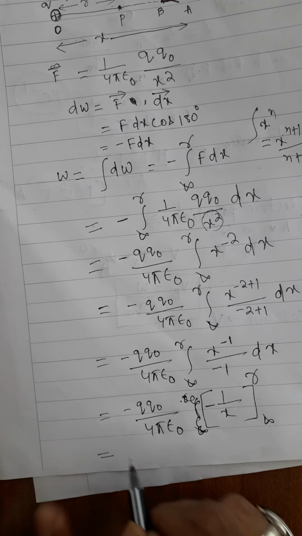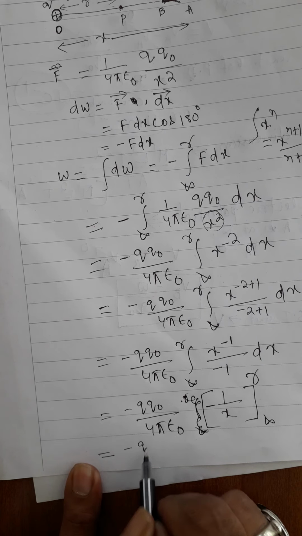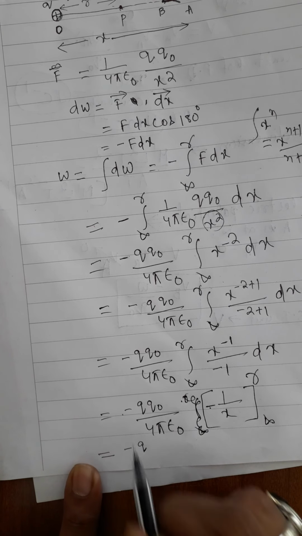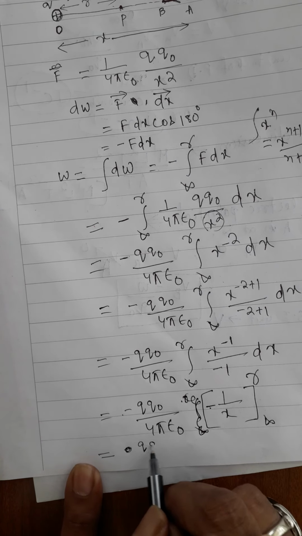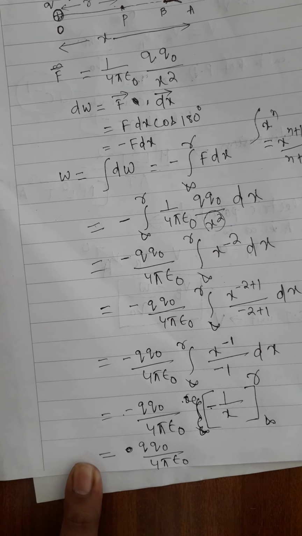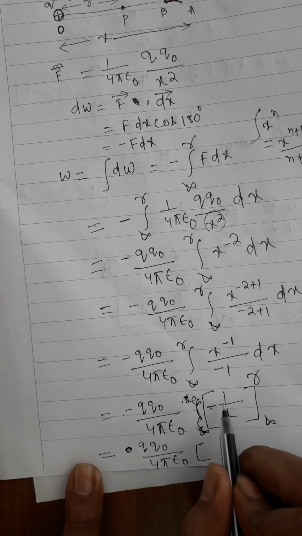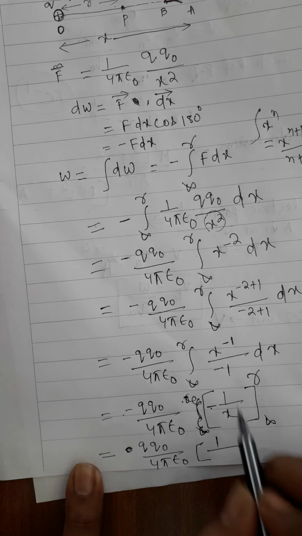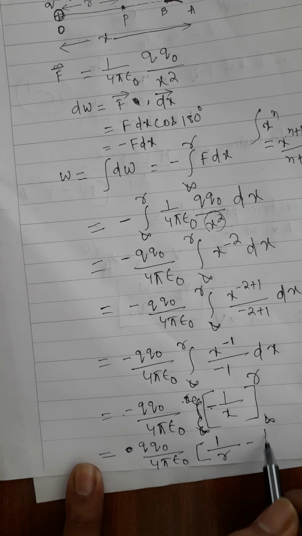So minus times minus is plus, so it will be plus Q Q0 divided by 4 pi epsilon naught, into 1 divided by r minus 1 by infinity.